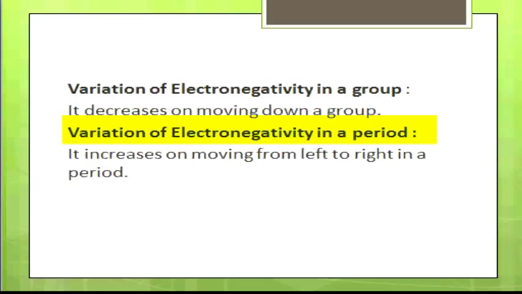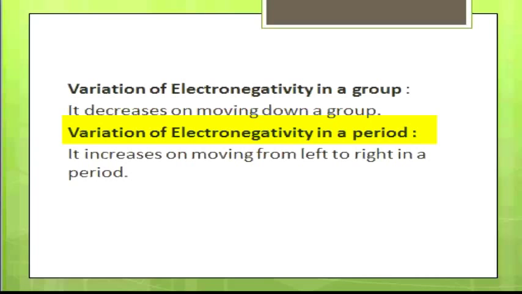Difference between electronegativity and electron affinity. Although both electron affinity and electronegativity are properties of attracting electrons towards the atom, electron affinity refers to the electron attracting property of an isolated gaseous atom, and electronegativity refers to the electron attracting property of a bonded atom in a molecule.